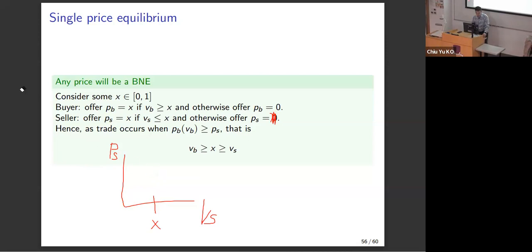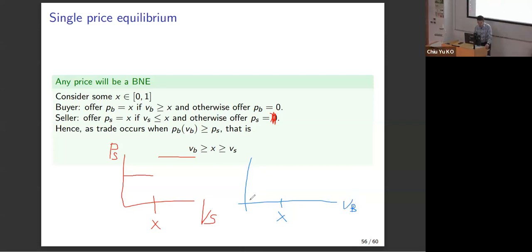Sorry, so seller will be like this. Seller means if the valuation is low enough, then we just offer this. Otherwise, offer a very high price. And for the buyer, it will be like this. Also at X, V of B. When it's below, you will not buy it. When high, you buy it. So this point will coincide here.